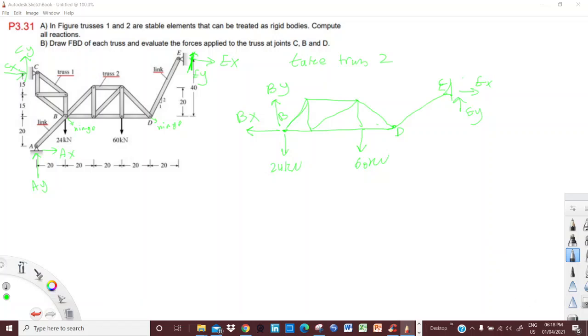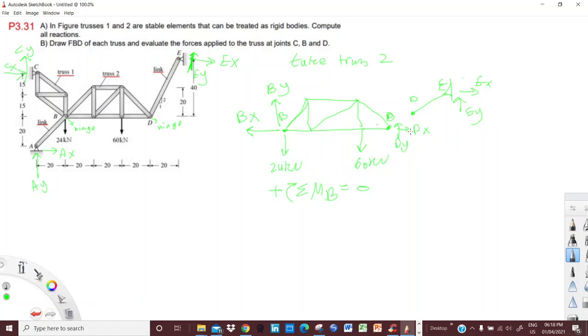So let's split the structure of the link. Here's D and here's B. So I split the structure. I will say Dx and Dy. Okay, so let's take the moment at B. Summation of moment at B clockwise, since it's passing through D, equal to 0, in order to find Dy.